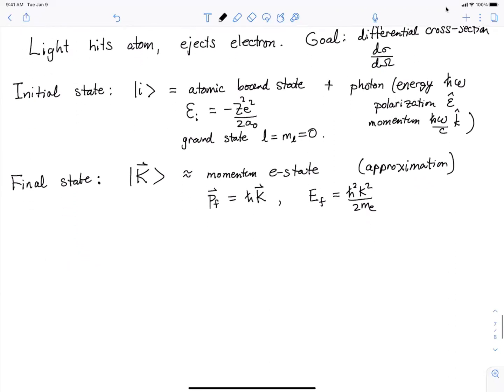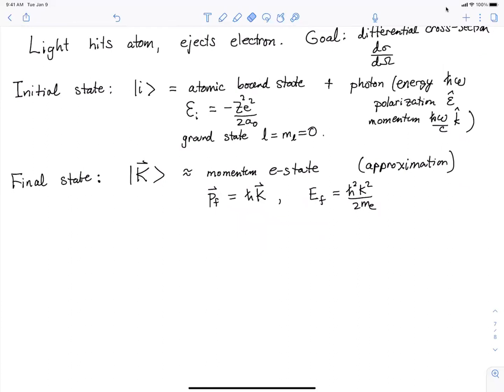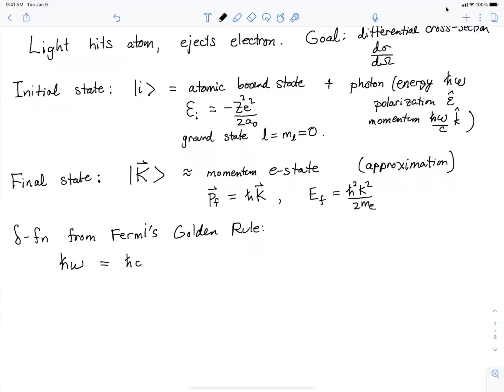Okay, so with that setup, now let's just think about what we learned from Fermi's golden rule. First of all, there's a delta function in it, which is just telling you energy conservation. Okay, and so what that says is the energy of the photon, which is otherwise known as h bar c times little k.